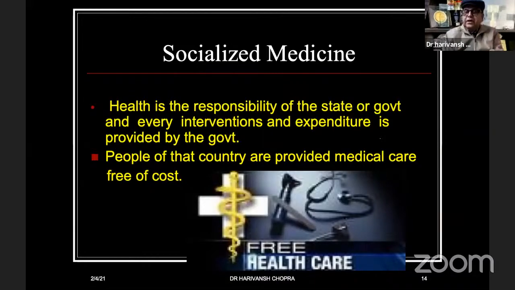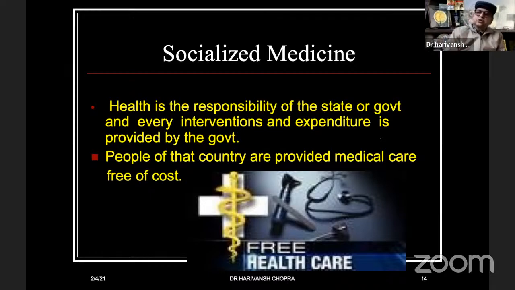And when we say health is a state subject, it means that it is coming in the state list of the constitution, and ultimately how health is going to be provided to people living in the different states, the state government will decide.